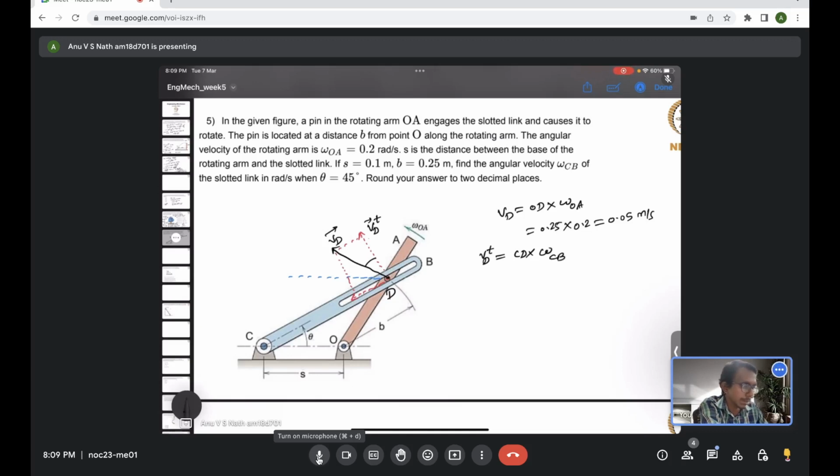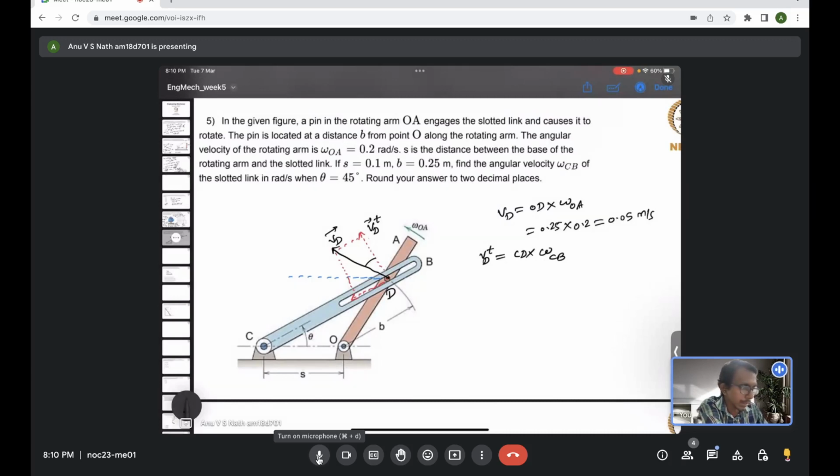If the member CB has an angular velocity omega CB, that times the distance CD should give the velocity of the point D in that particular direction. That's what we wanted, so that's why we need the component VDT. Basically we only need the magnitude. The direction will be anti-clockwise, so it's trivial, which is why I just said that. I think that's clear.